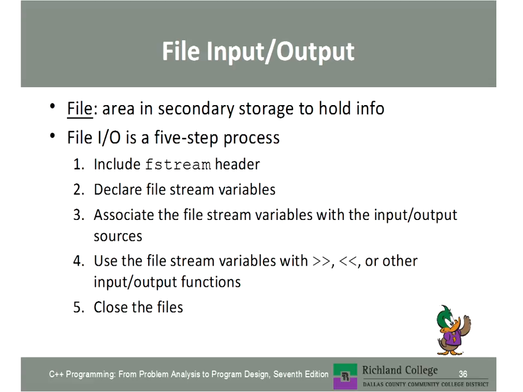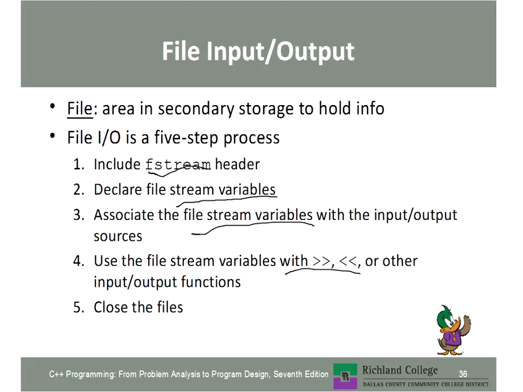Okay, so it's just a 5-step process. You need to have the preprocessor directive for the library fstream, and then we need stream variables. Then we need to associate these variables with files, input files and output files. And then you need to think about it just like you were thinking about with cin and cout. Nothing changes.